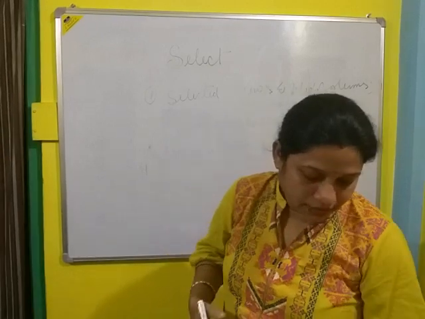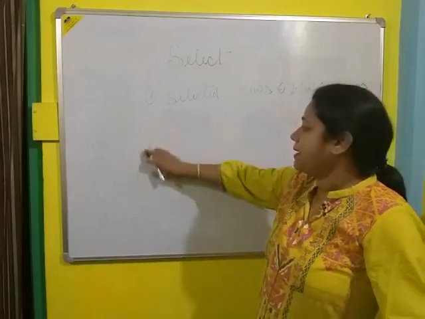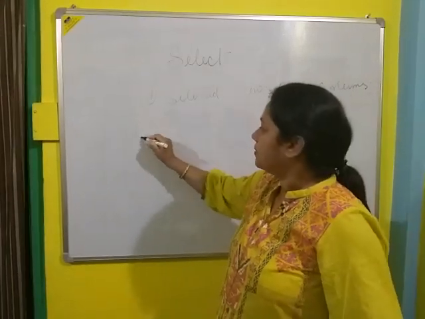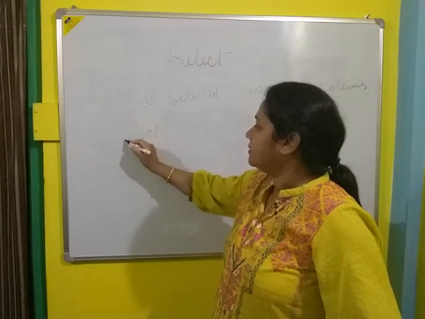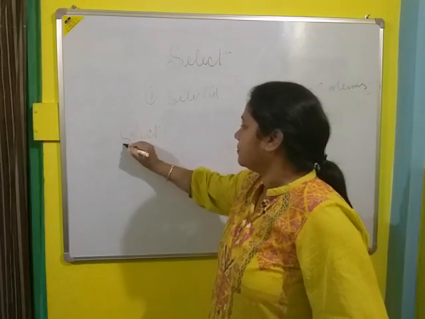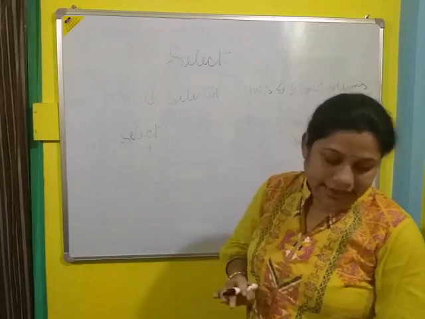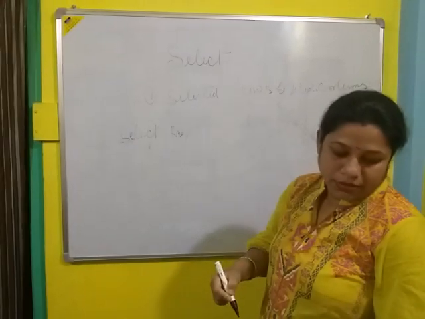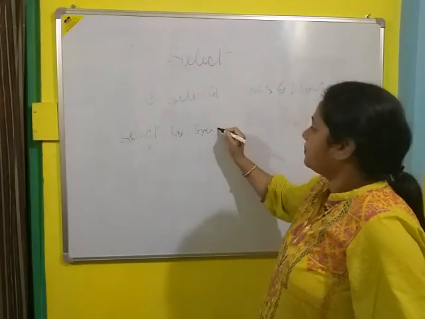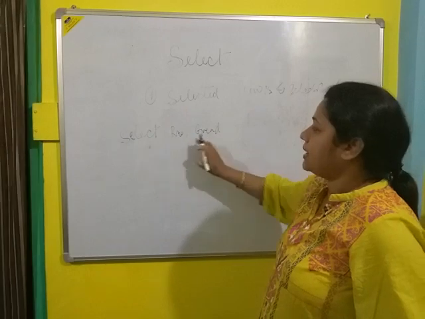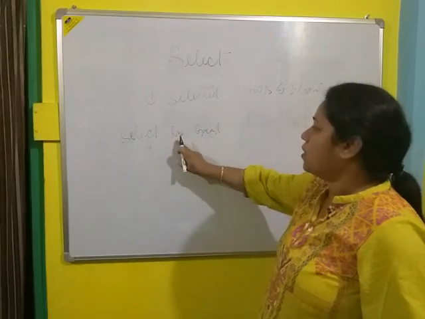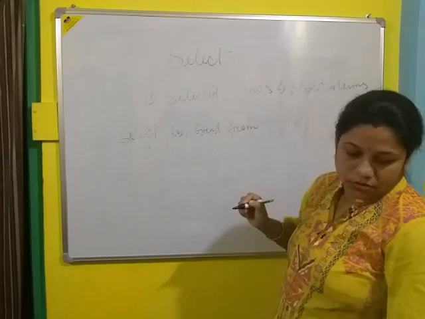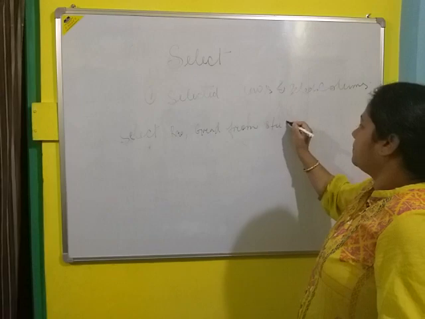For example, same example, the table student: select roll number. I want to display the roll number from the table. Then grade. I am selecting two columns, that is roll number and grade, from table student.